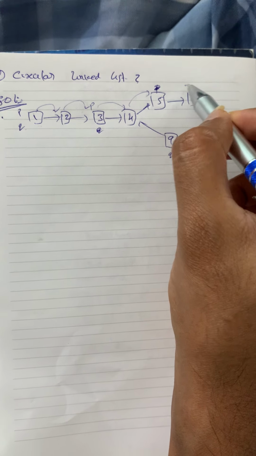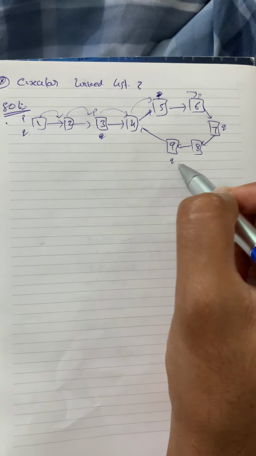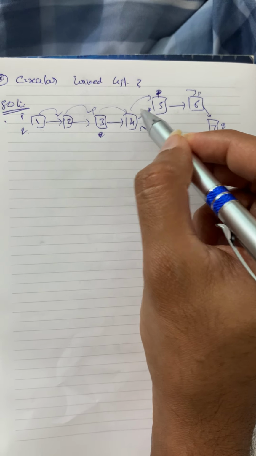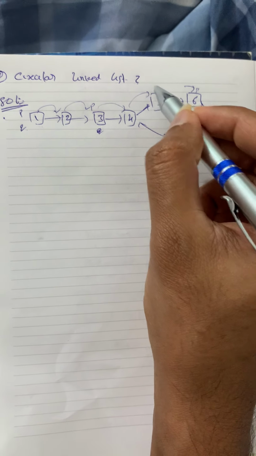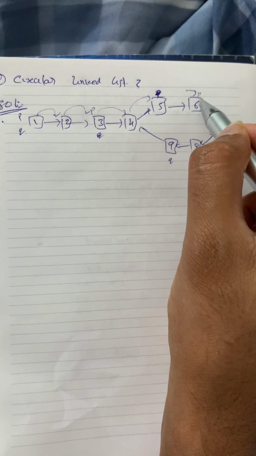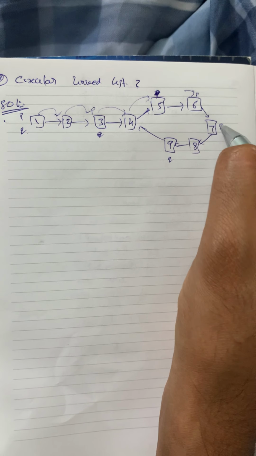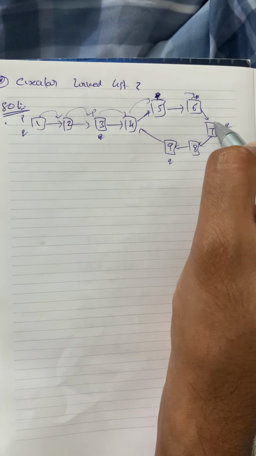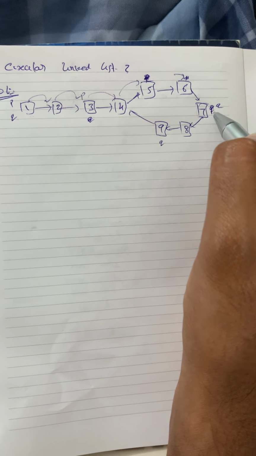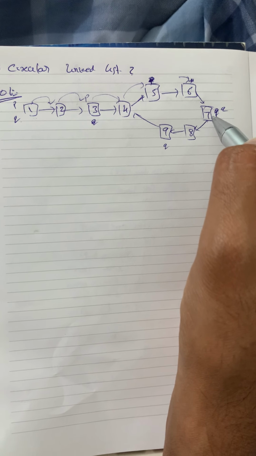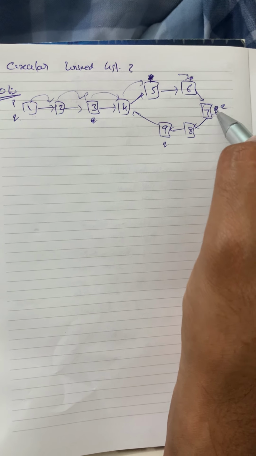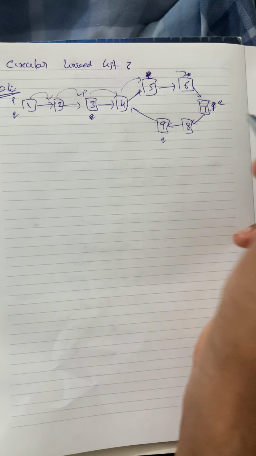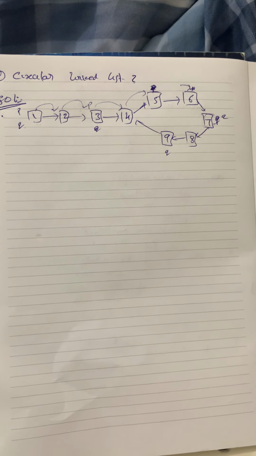Now p goes to 6, q comes to 5, and p goes to 7, q comes to 7. So this is where they are meeting. Since they are meeting, then we know that definitely there is a loop in the circular linked list.